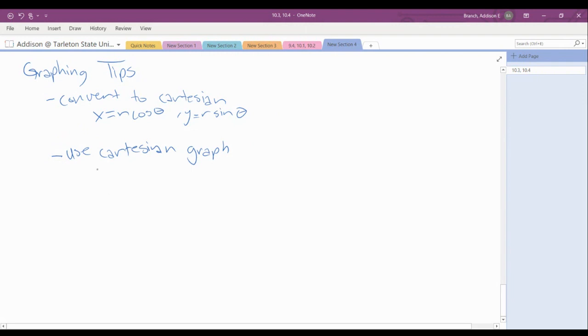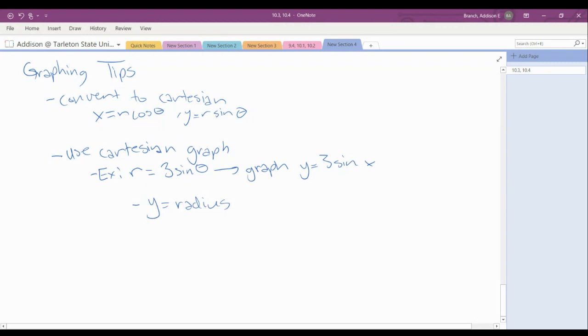So for example, let's say that we have r is equal to 3 sine of theta. That means you're going to look at the graph of y is equal to 3 sine of x. Because then you can say that the y value is equal to your radius.